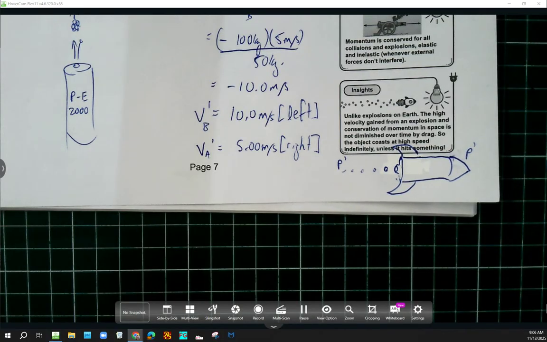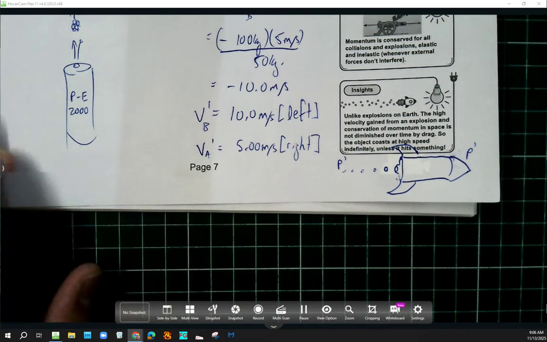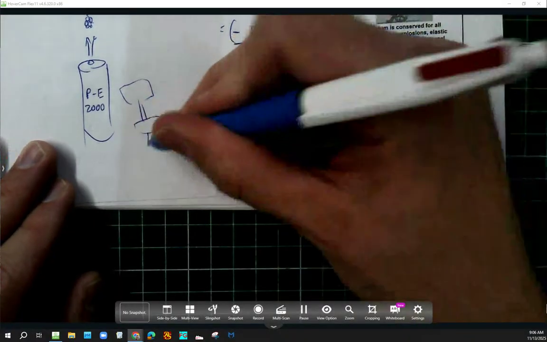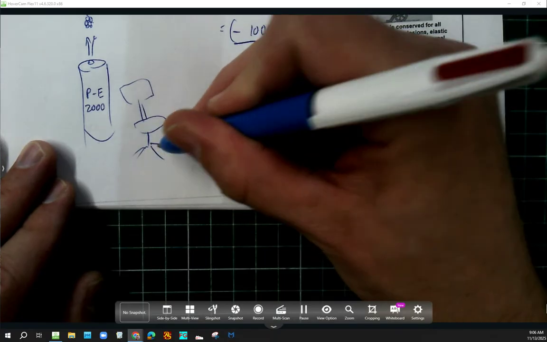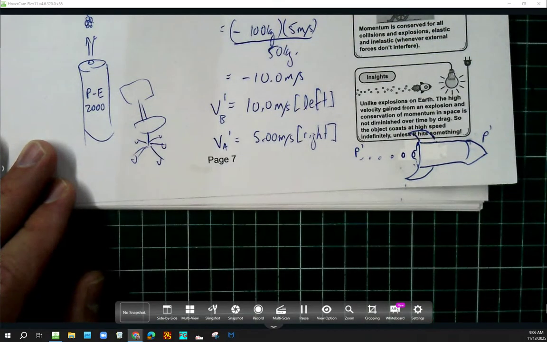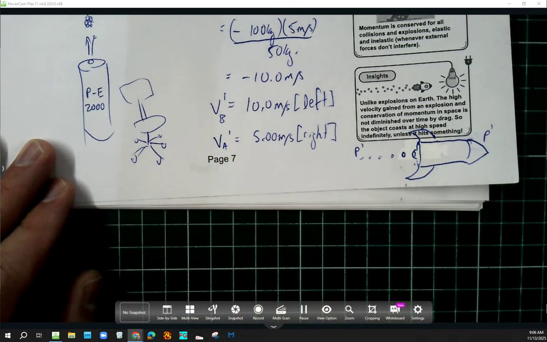If you wanted to scale this to a human level, you can sit on one of those office chairs that have wheels, usually five wheels because that promotes stability.